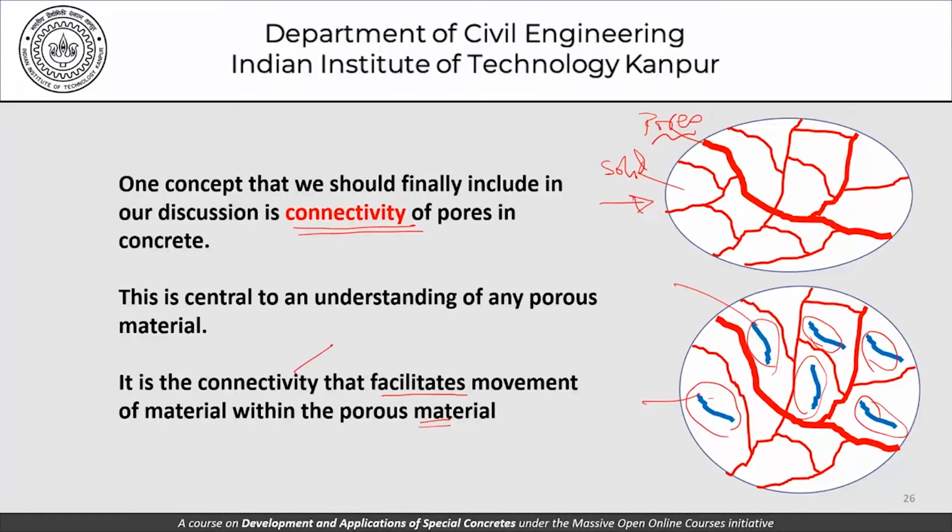So if the pores were not connected, if there were discontinuities, then the material movement within the concrete would be much lower. That's something which we need to keep at the back of our mind when we try to understand porosity and try to study properties related to porosity, such as permeability or movement of material through the solid.